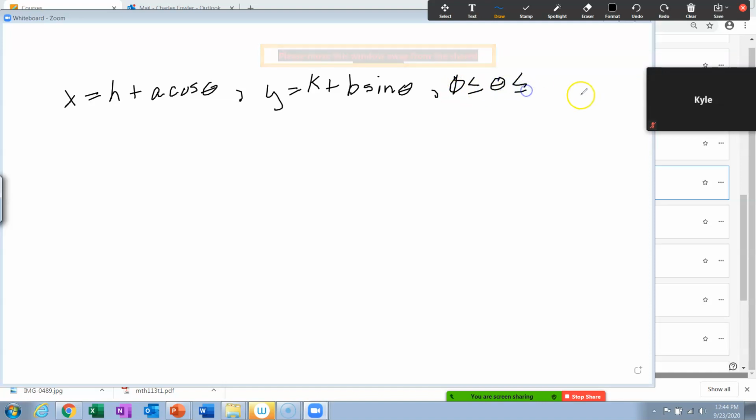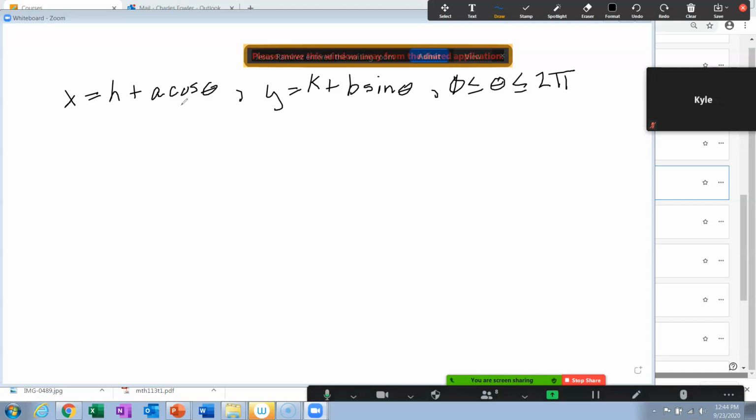That's very similar to the problem we just had, except it's a little more complicated. We didn't have the h and the k. We just had zeros there. So that was an ellipse centered at the origin. When you put the h and k in there, all that does is translate the x to the right if h is positive, and translate the y.